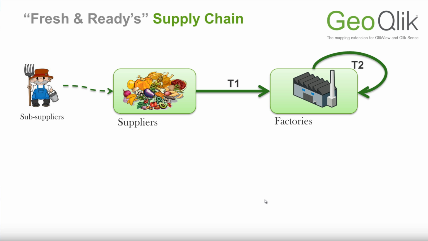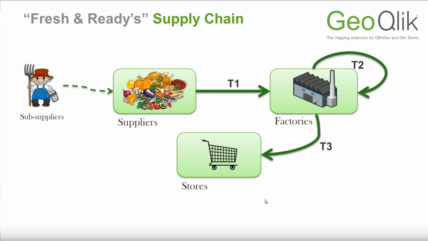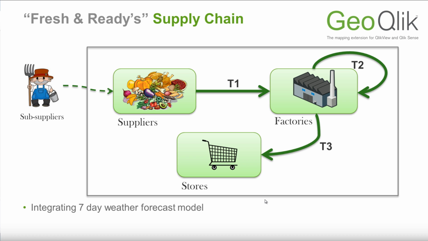The products are then delivered to the different supermarkets. What we're going to see here today is how a 7-day weather forecast model can be used. We'll focus on our supply chain and mainly on the part framed in gray, the suppliers, the factories, and the stores.